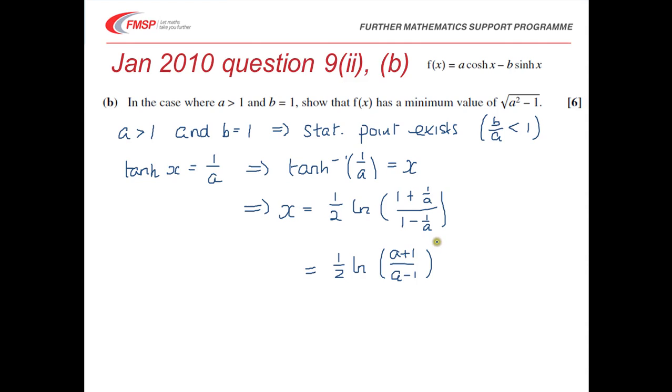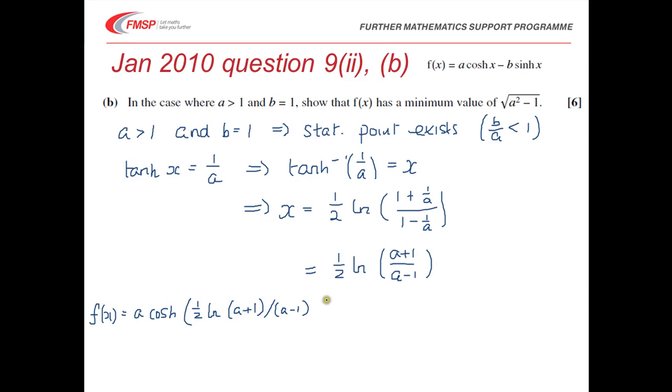So what we need to do is to substitute it in now to our function. So we know the function f of x, which is a cosh x minus b sinh x. So now that's going to become a cosh. Instead of having x, we're now going to have all of this. So it's going to be a half log of, and I'm going to write this just as a fraction like that.